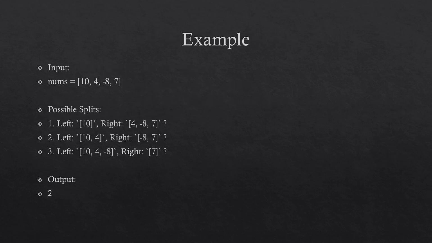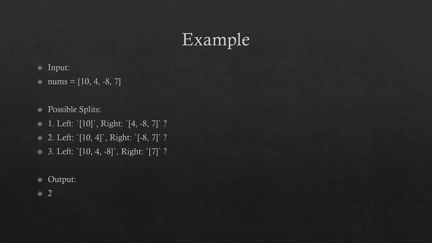Here is an example to better understand the problem. Given the array nums containing the elements 10, 4, -8, 7, let's check the possible splits. The first split has a left part of 10 and a right part of 4, -8, 7, which is valid.